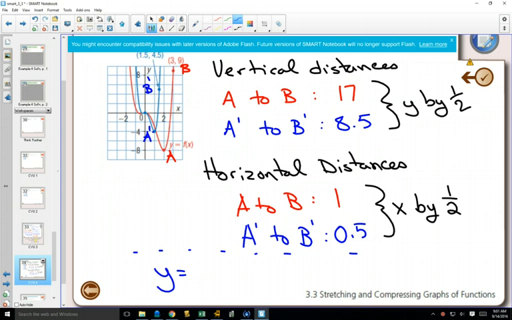Well, for the y multiplied by half, that happens outside of the function, so that would appear just in front, 1/2. For the x multiplying by 1/2, that would be something that happens inside the function, and you'd have to do the reciprocal. So it's a half, so inside the function, there would be a 2x.